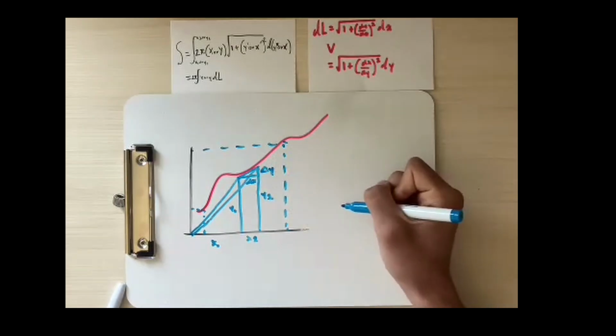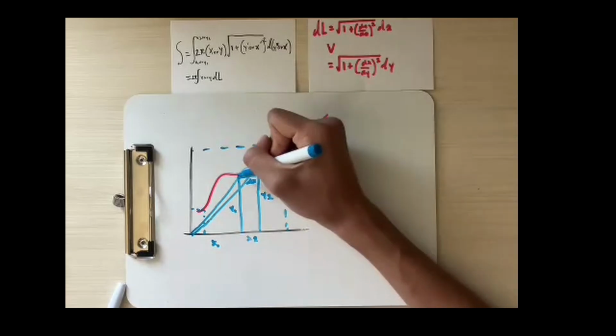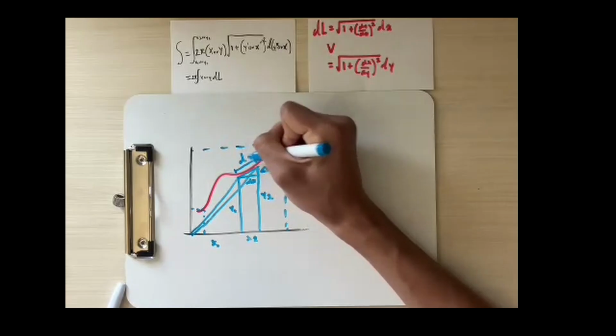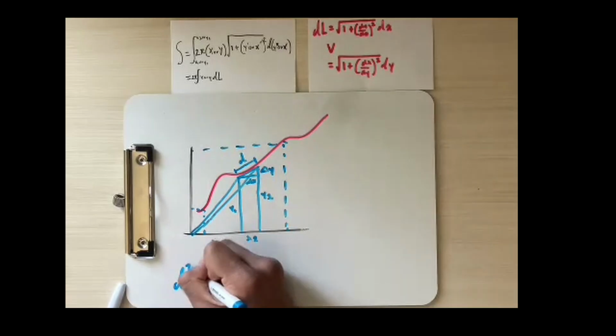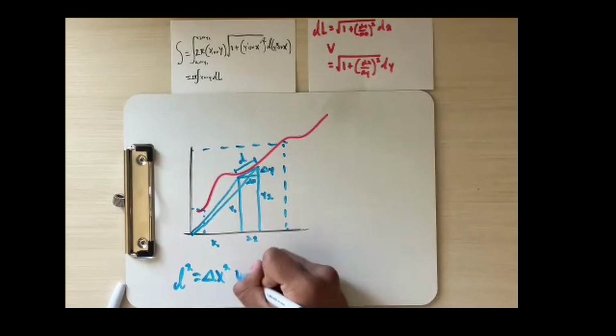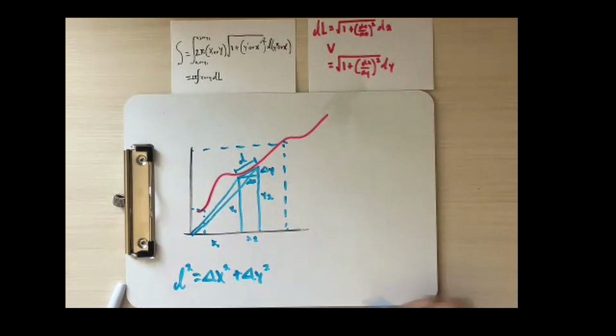Now, if I subtract these two triangles, I'm left with this triangle here with delta x and delta y. Writing that out as a formula, because then we get this length here, that distance squared is equal to delta x squared plus delta y squared, just Pythagorean identity, right?